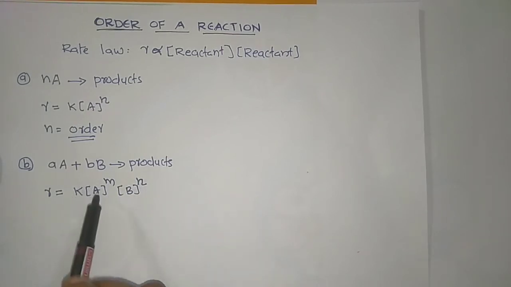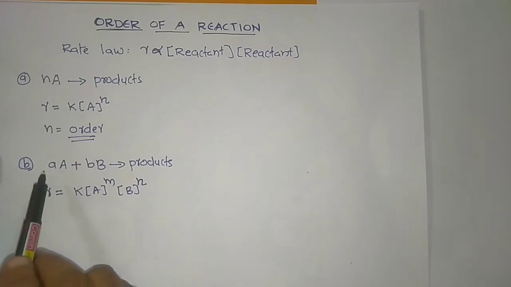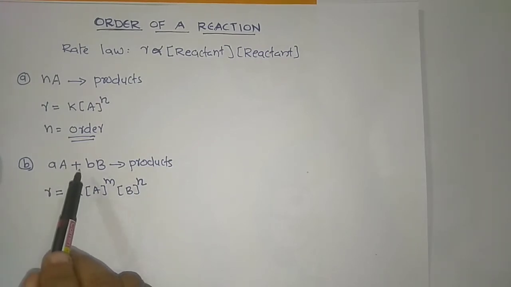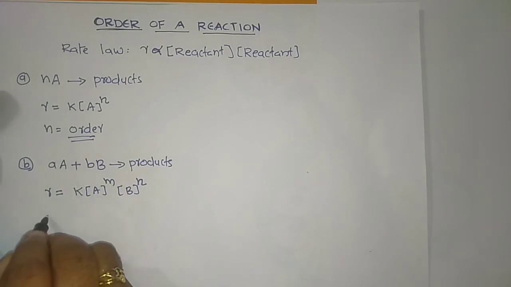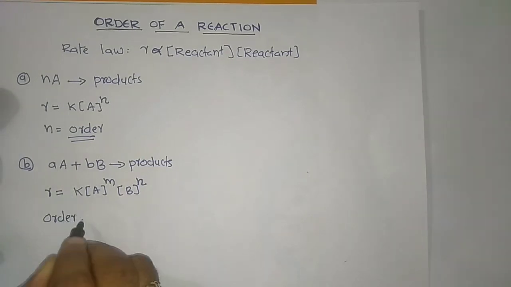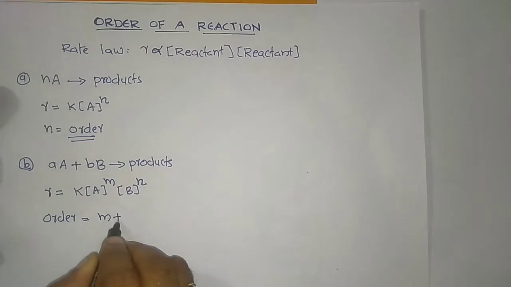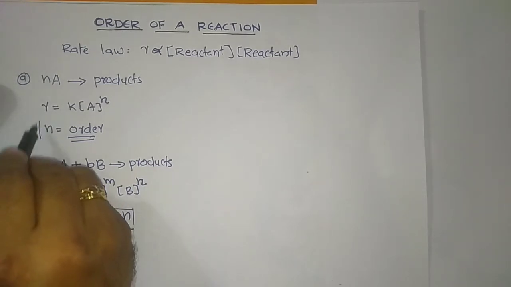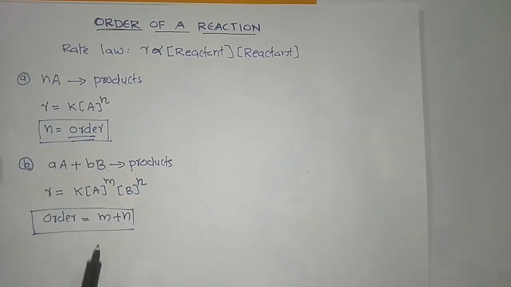That means the value of m may or may not be equal to a, and the value of n may or may not be equal to b. Then the order is equal to m plus n. So what is order?